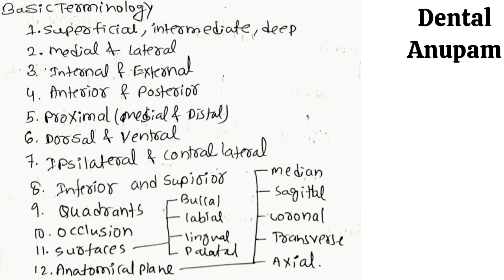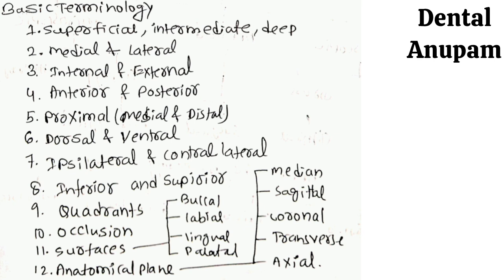The sternal end is towards the midline, that's why it is the medial end, and the acromial end is at the lateral side, that's why it is the lateral end. Third is internal and external. Internal denotes the inner aspect and external denotes the outer aspect.